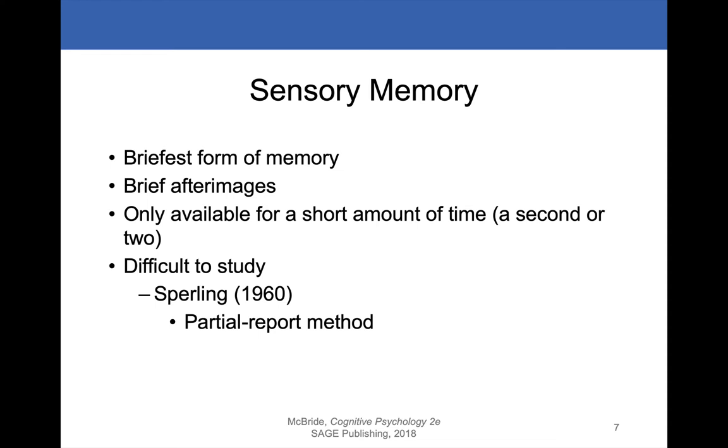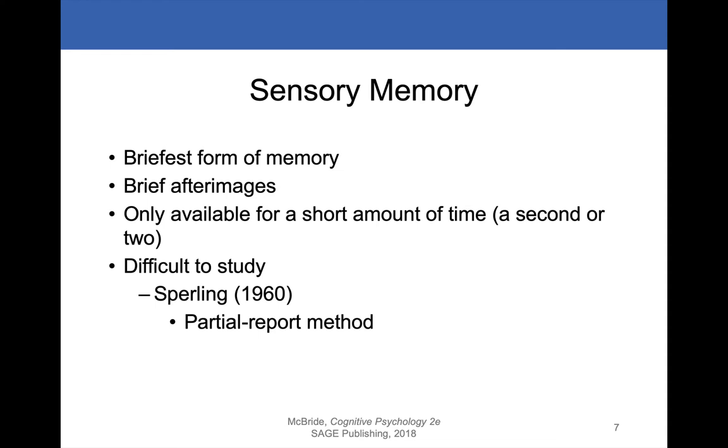By doing this, he was able to see that people could only do this for about a second after they saw the picture. After a second, the memory was cleared, and there was nothing that the subjects could report.